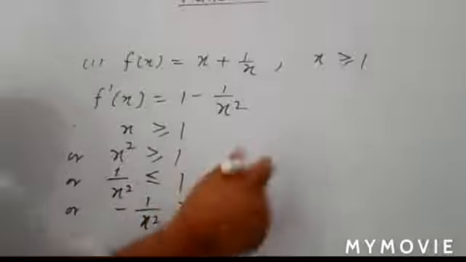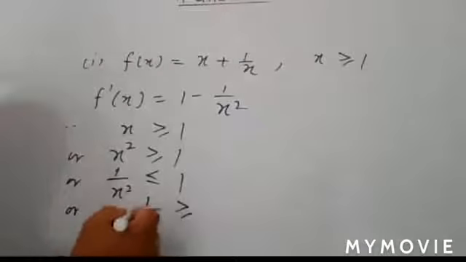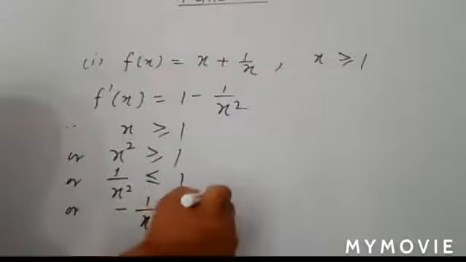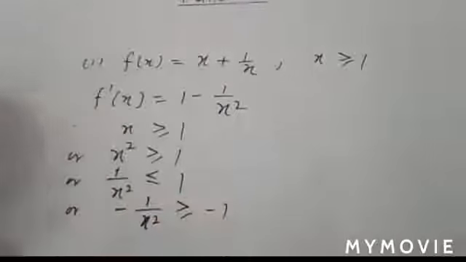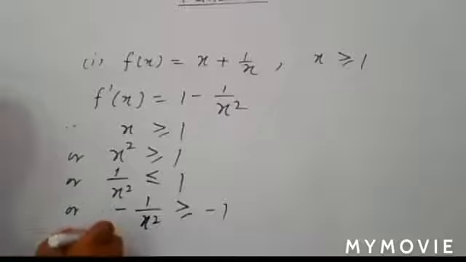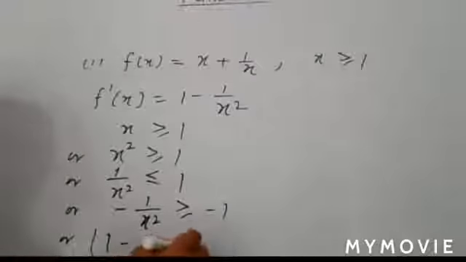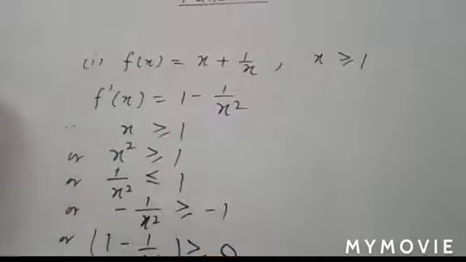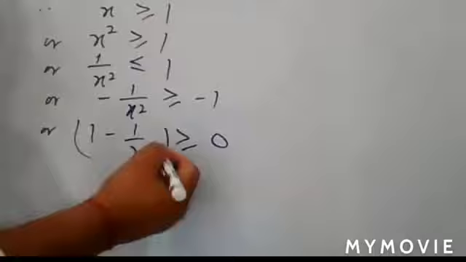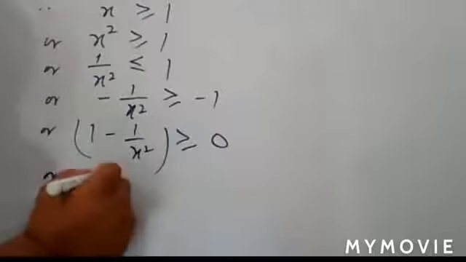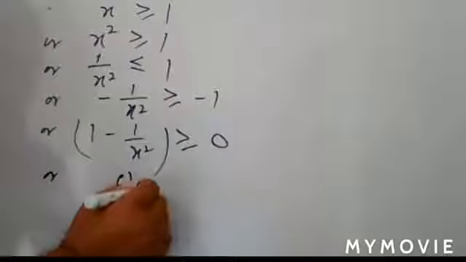If you change the sign on both sides, minus 1 by x square is greater than or equal to minus 1, and now adding 1 on both sides, you have 1 minus 1 by x square is greater than or equal to 0. This is the value of f dash x.